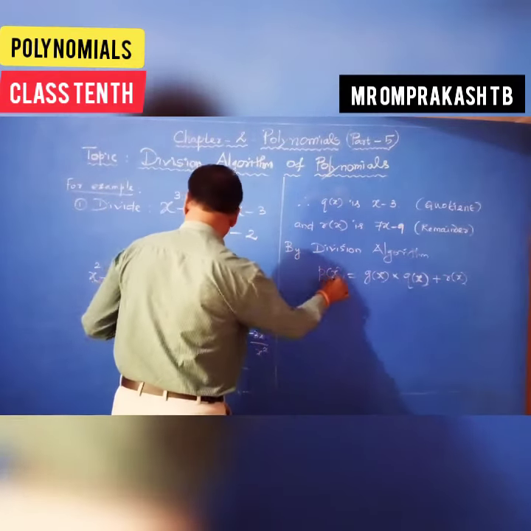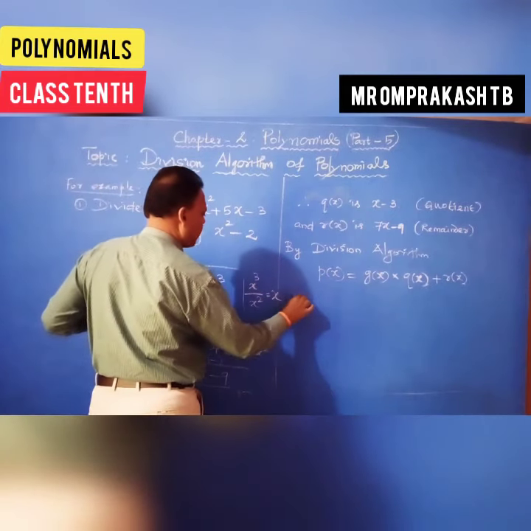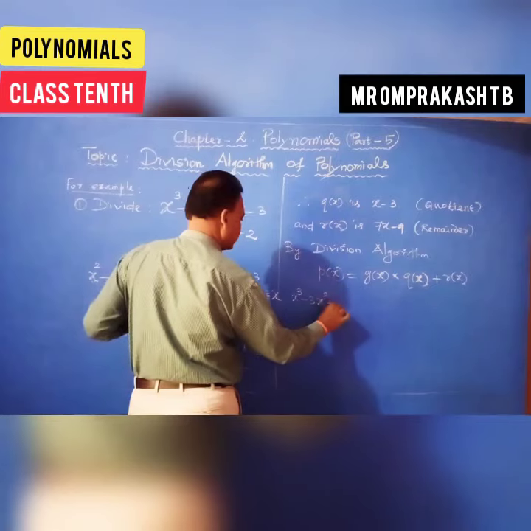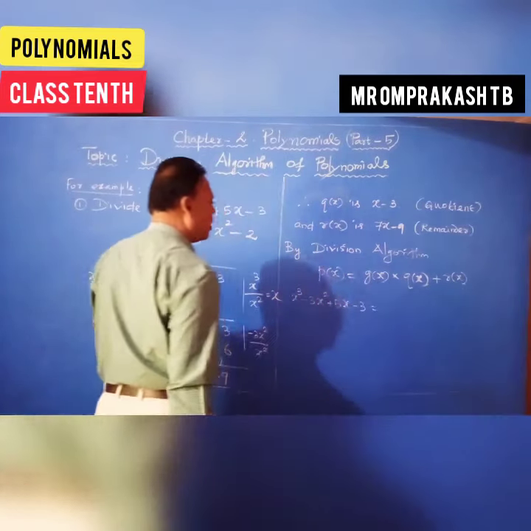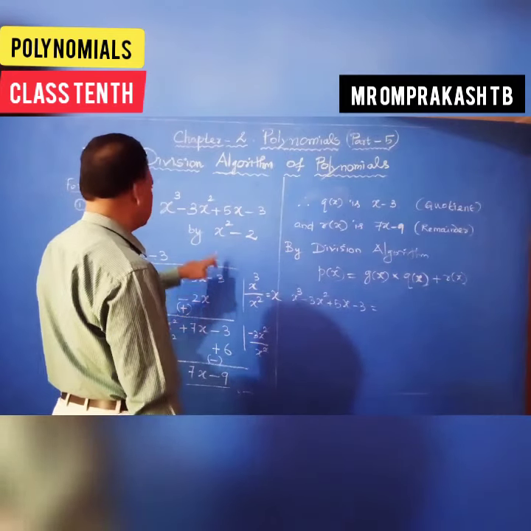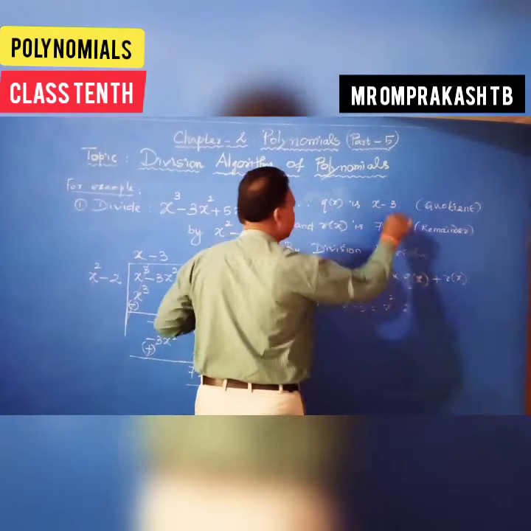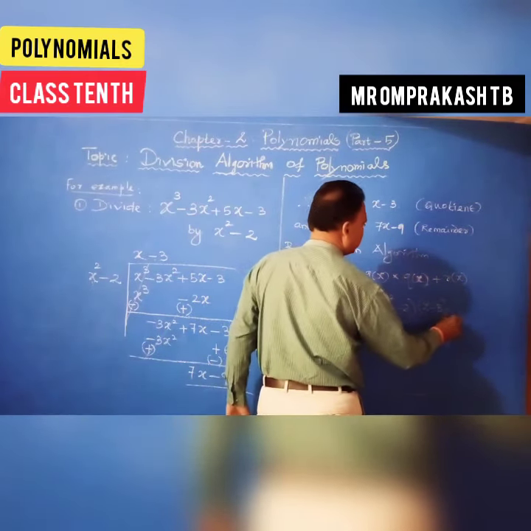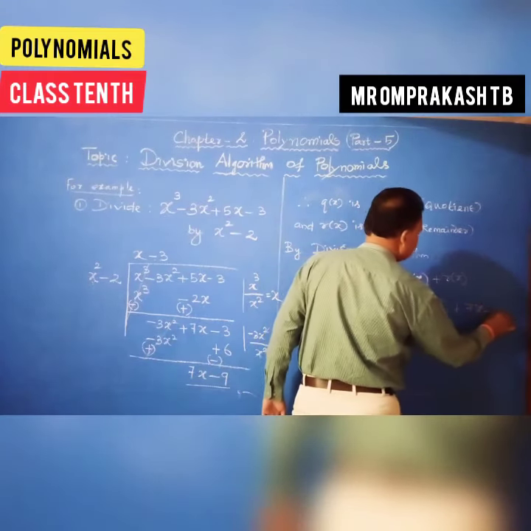Now substitute the values here. What is p of x? x cube minus 3x squared plus 5x minus 3, that is equal to g of x, which is x squared minus 2, q of x, we know, is x minus 3, plus r of x, which is 7x minus 9.